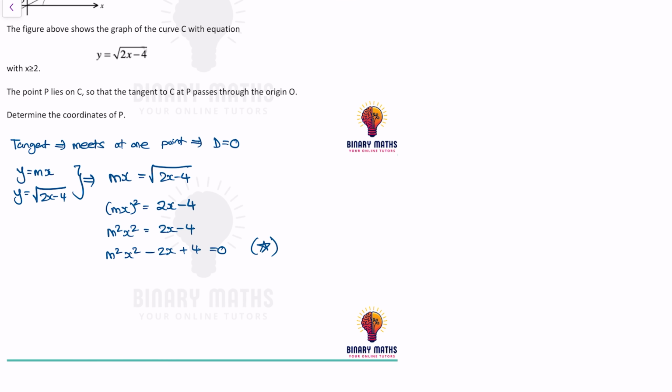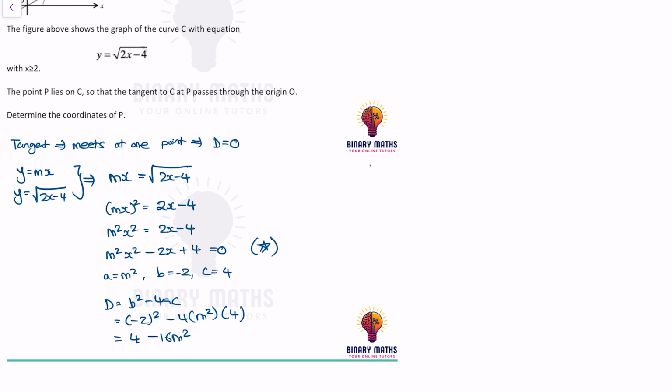Okay, my a is equal to m squared here, my b is equal to negative 2, and my c is equal to 4. Which means my discriminant is equal to b squared minus 4ac, which is negative 2 squared, minus 4 times m squared times 4, which gives me 4 take away 16m squared.